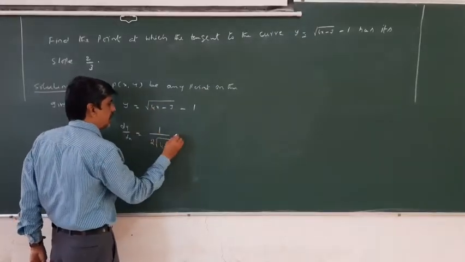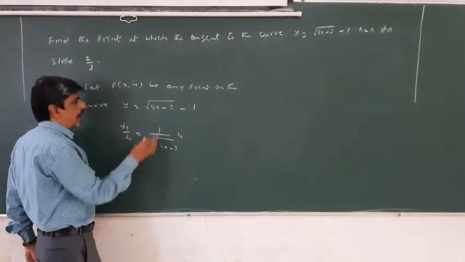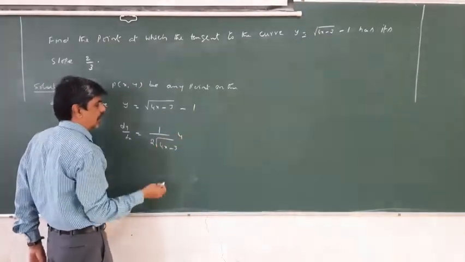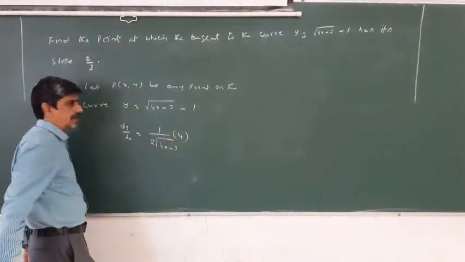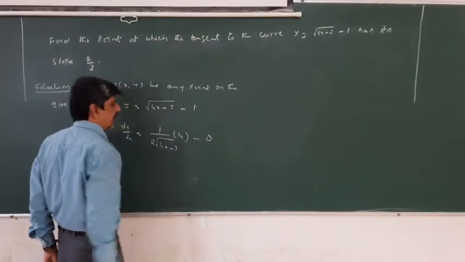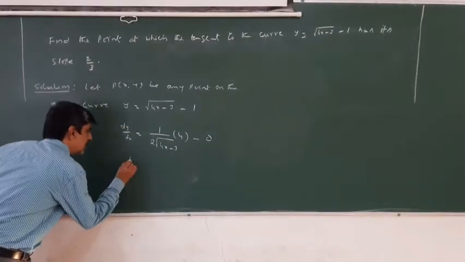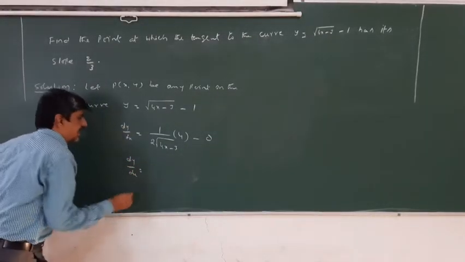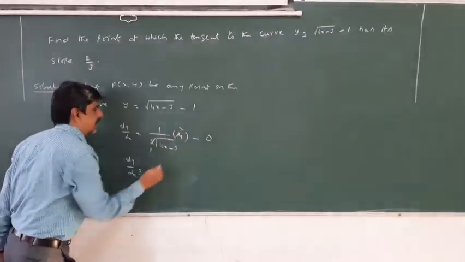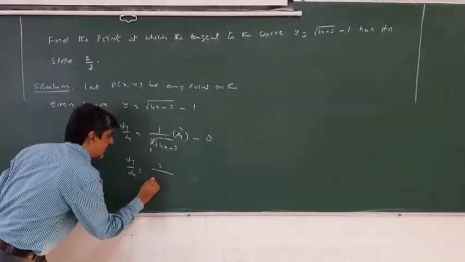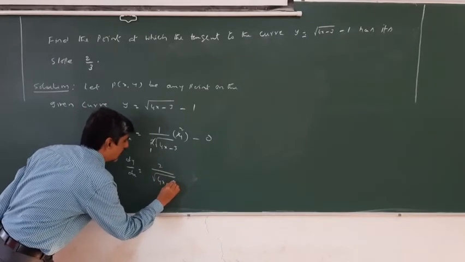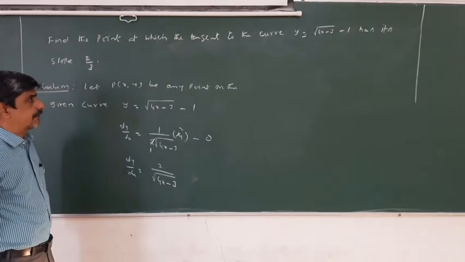So d by dx of 4x is 4, minus d by dx of a constant is 0. 4 minus 0, so it is 4. Minus d by dx of a constant, the derivative is 0. So dy by dx is equal to 2 cancels here 1 time, 2 cancels here 2 times. So dy by dx is equal to 2 by root over 4x minus 3.